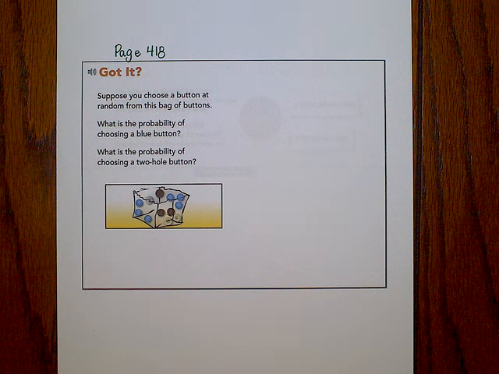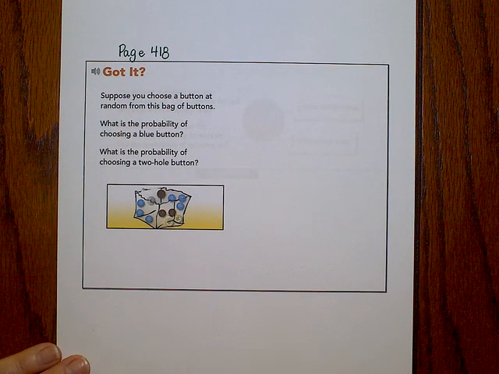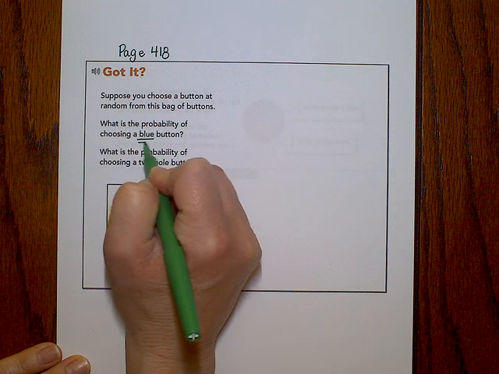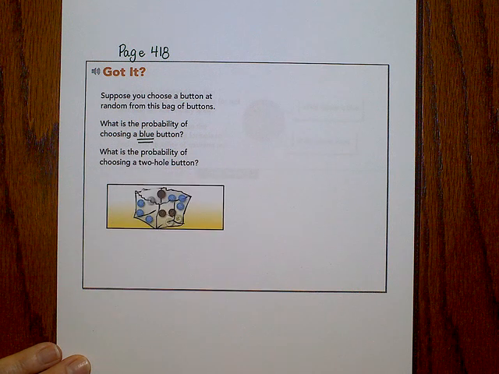And so this is the first question that's different from your book to what I have on my slide. What is the probability of choosing a blue button? So take a look at my image on the video, count up your blue, and then make sure you know what your total number of buttons are in that bag and write your probability.